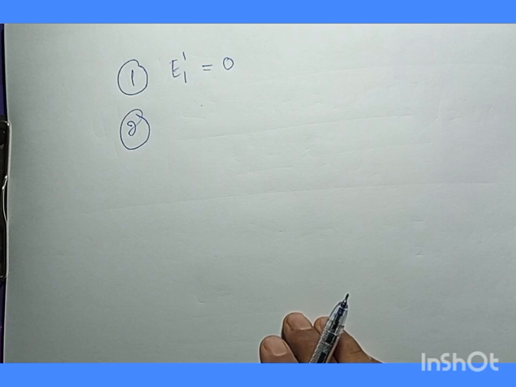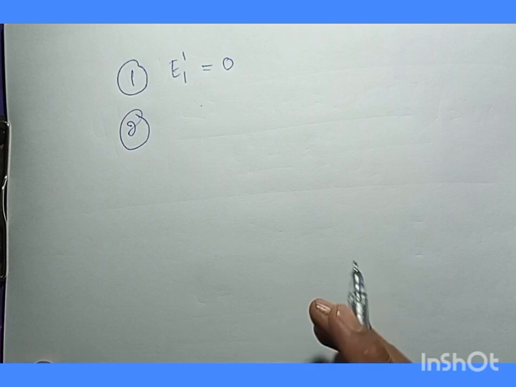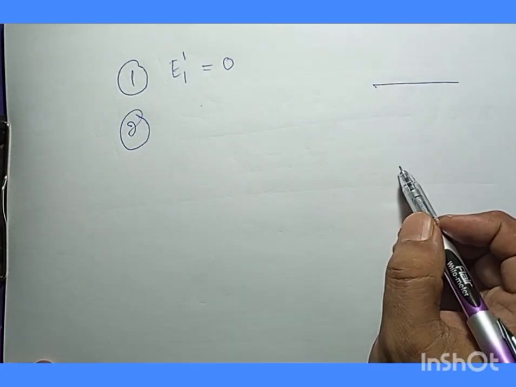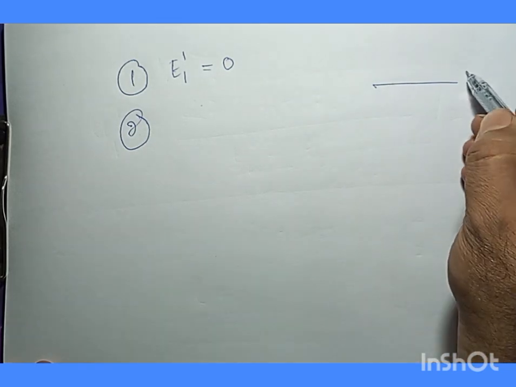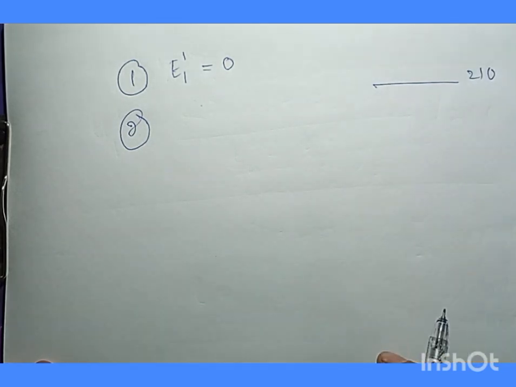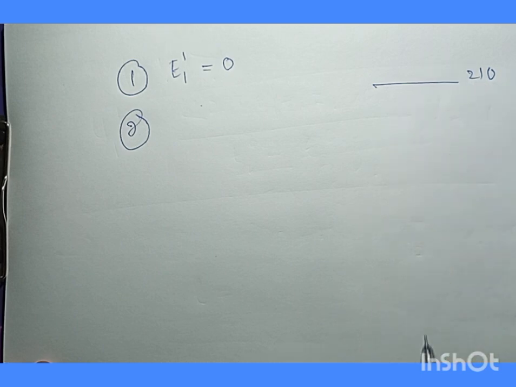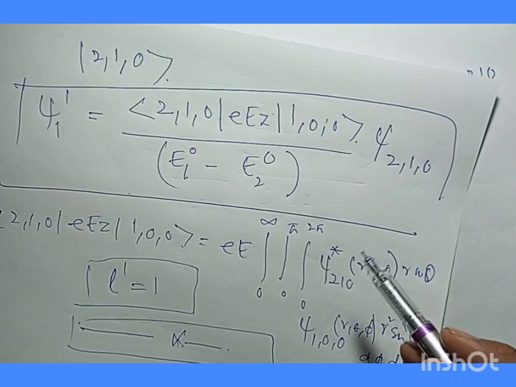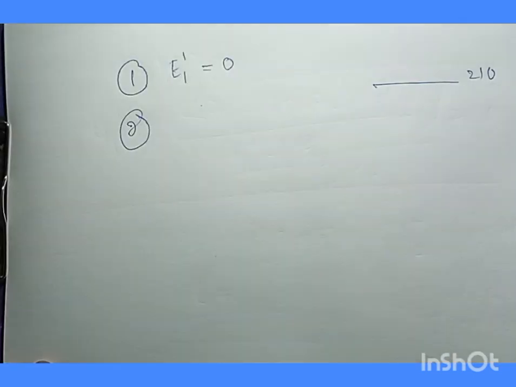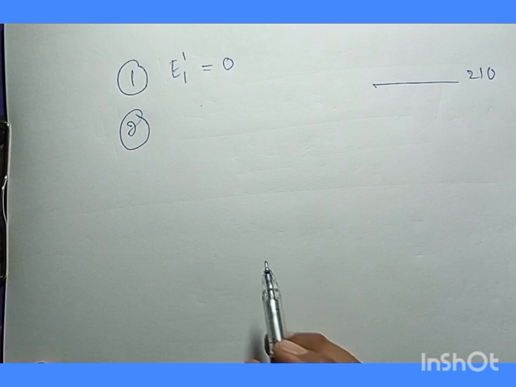That the first order wave function involves a contribution from some excited states, particularly in our case it was 2, 1, 0, but it requires the detailed calculation of that matrix element, which we will not go into at this stage.